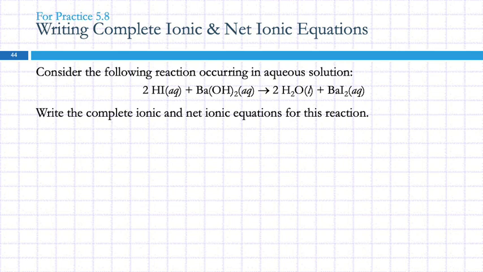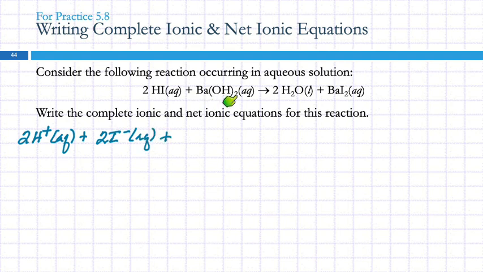So if it's a strong acid, we split it up. Is it a strong acid? Yeah, it is. HI is one of the strong acids, and the way you know that is you remember it. So I'm going to separate that into its ions. There's 2 of the HIs, and so I'm going to have 2 H+ ions and 2 I- ions.